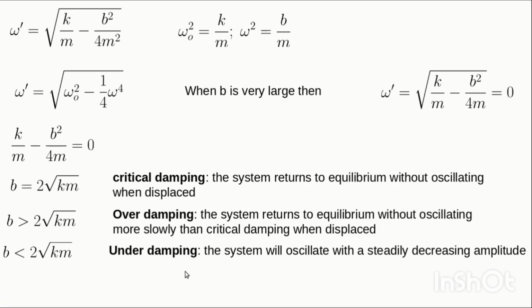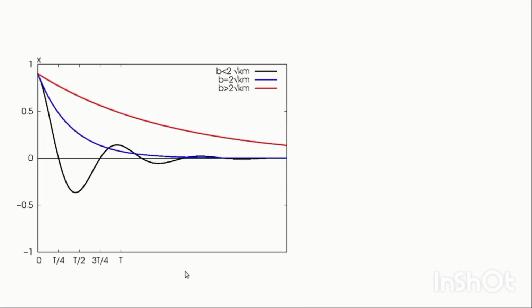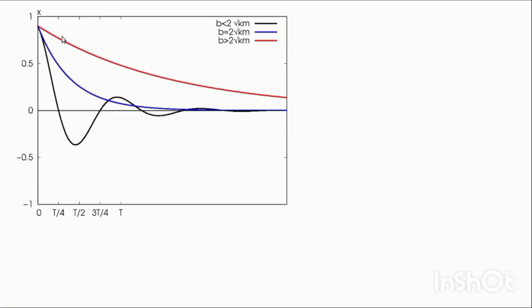In the first case, we have this diagram. The red line is when B is greater than 2 square root of KM, which is called over damping. You can see it does not oscillate, but goes to the equilibrium position slowly, compared to this blue line, where B equals 2 square root of KM, which is critical damping.